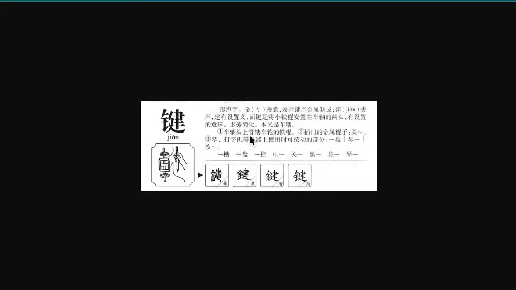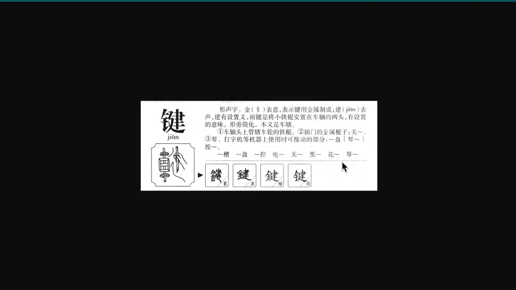Let's take a look at the character. This one goes with the 键 on the right. This right side has the meaning of build.